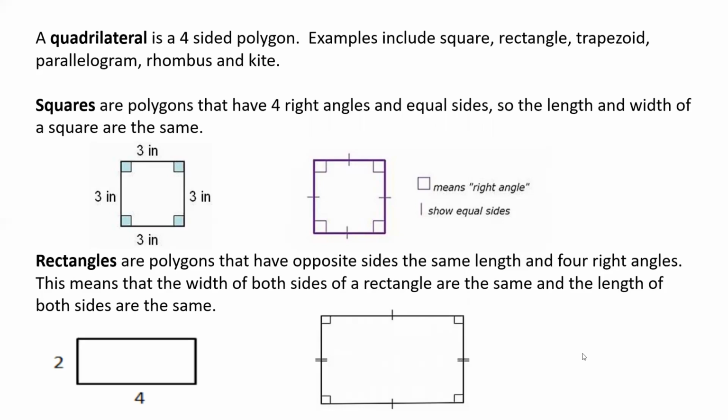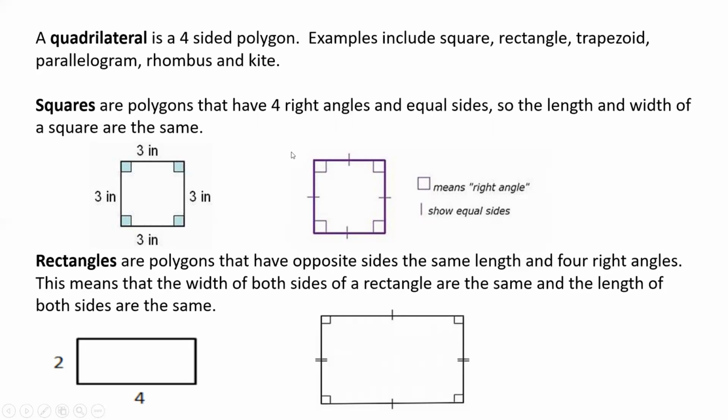Sometimes if you see it on a piece of paper, you'll see it labeled as 3 inches by 3 inches by 3 inches by 3 inches. And these little boxes show that that is a perfect 90-degree right angle. But all the sides are equal.